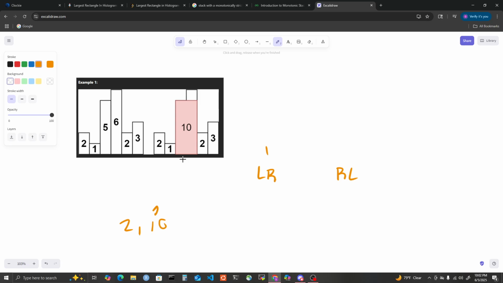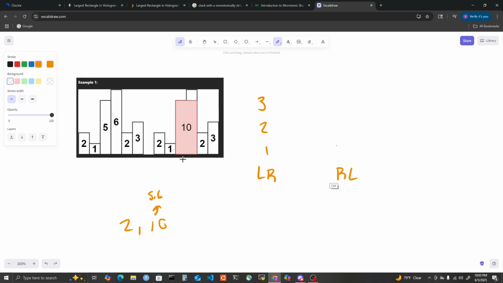So 10 comes from 5, 6. Okay, I'm going to put 2 here. And then I'm going to put a 3. Alright, and then I can like run the algorithm on here to see three.